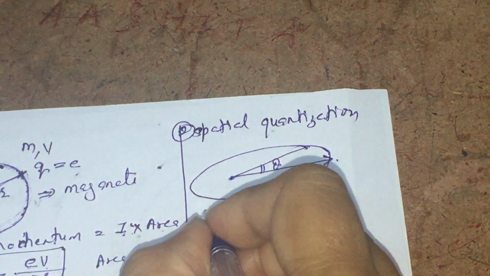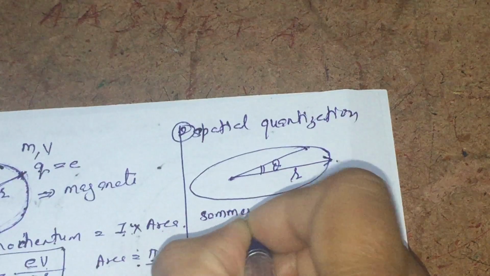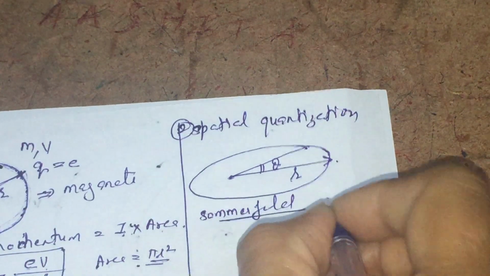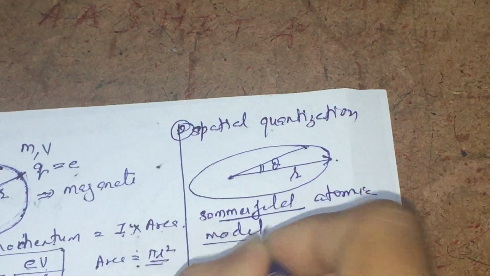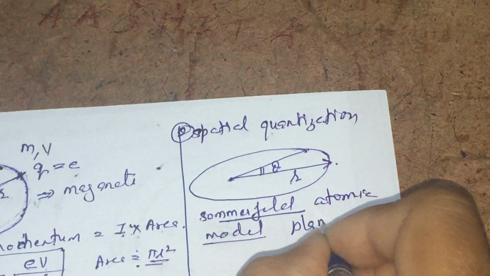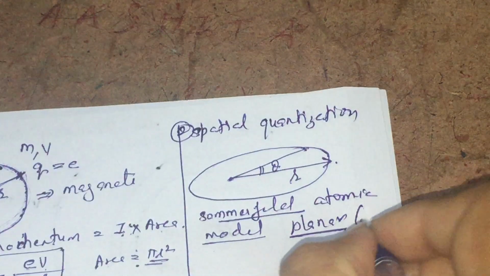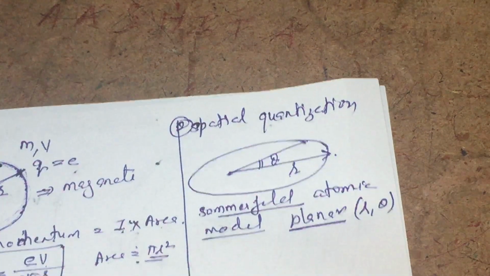Hence, according to the Sommerfeld atomic model, the motion of the electron is a planar motion having two variables, r and theta.